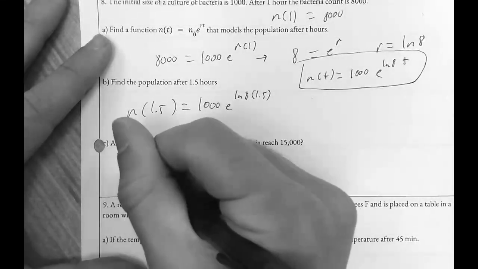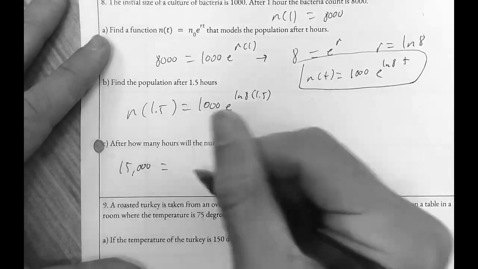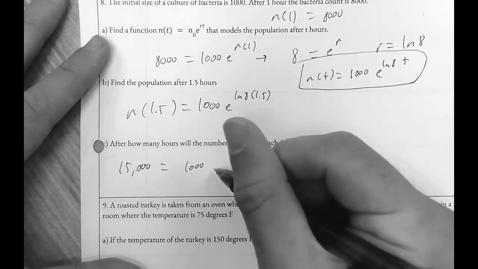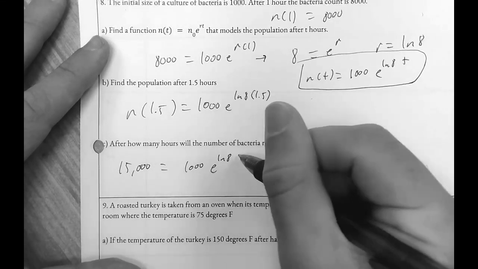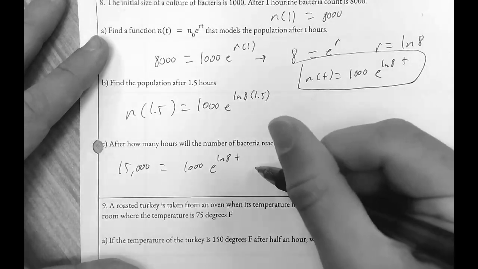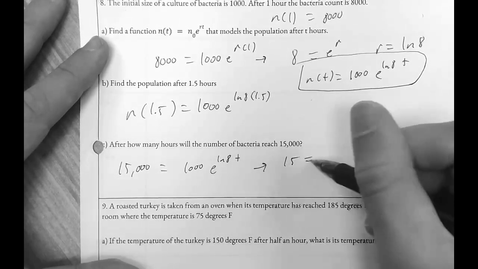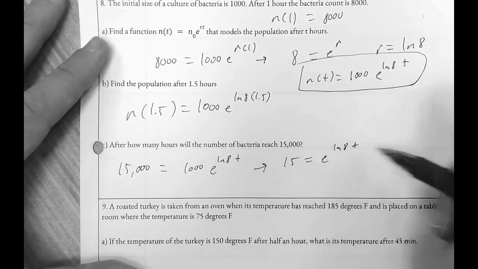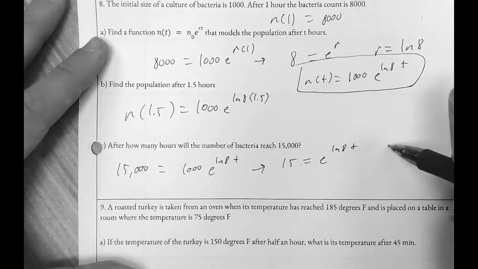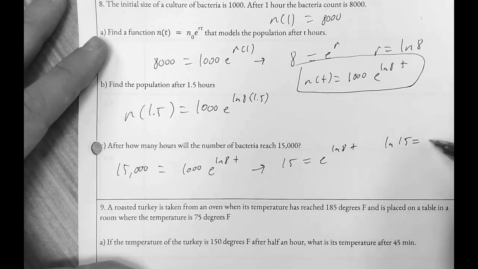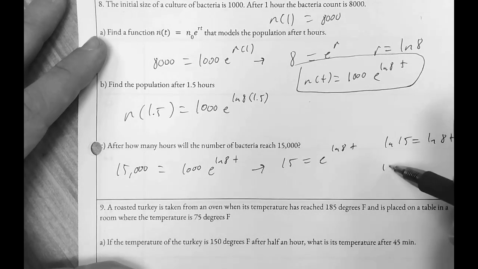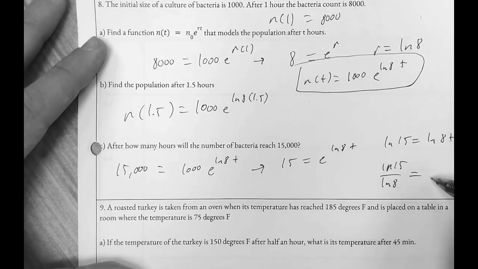It's the same idea, just in reverse. 15,000 equals 1,000 e to the ln 8 times t. So we're gonna have 15 equals e to the ln 8t. So natural log of 15 equals ln 8t. So ln 15 over ln 8 equals t.